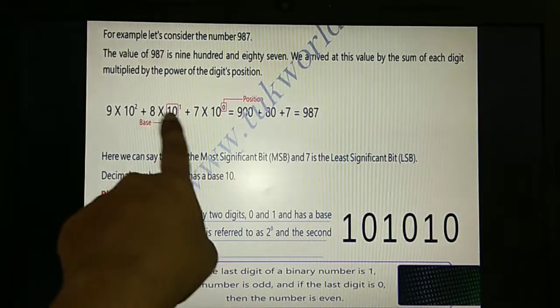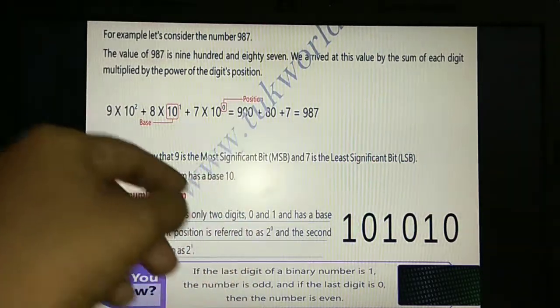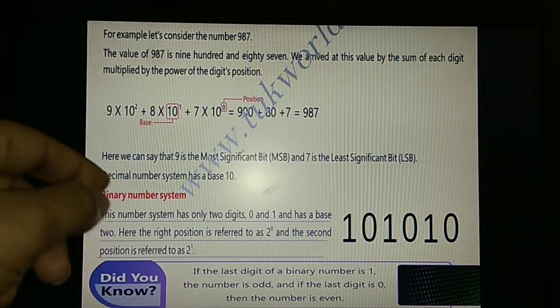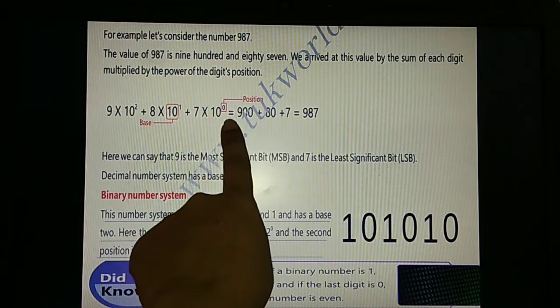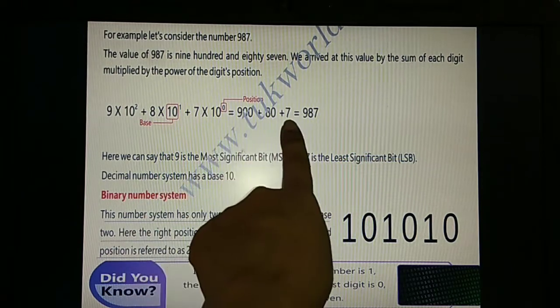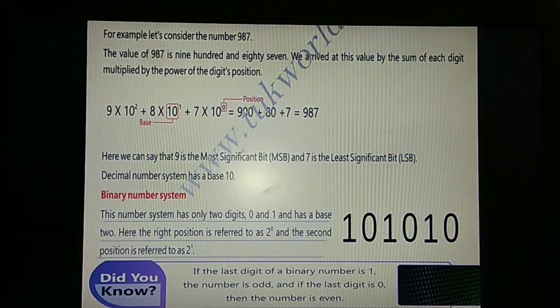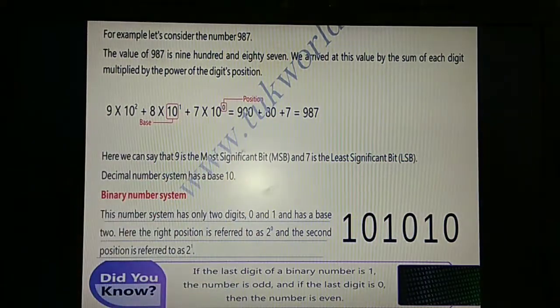So 10 into 8 is 80, plus 7 into 10 raised to 0. It is in the 0th position, so it will be considered as 7 only. It will not become 70, because you are not multiplying 2 times.